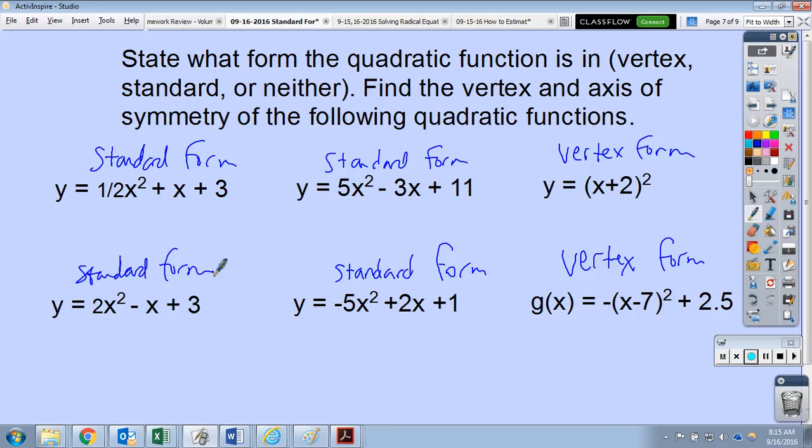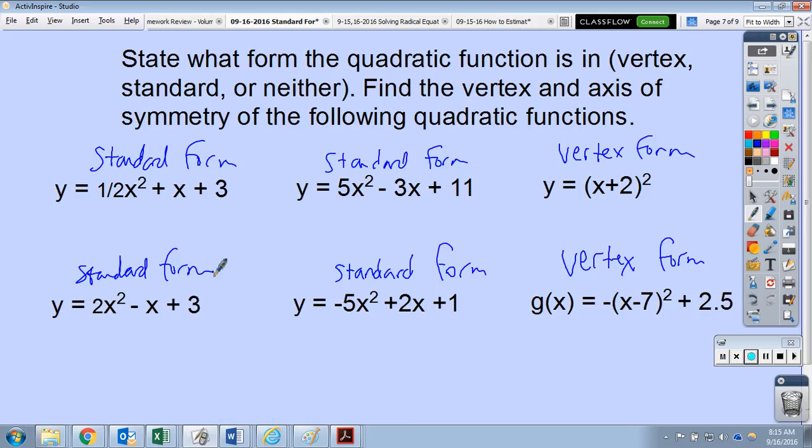Take good notes, guys. Okay, so does anyone remember the formula to find the axis of symmetry, which is also the x-coordinate for these? Yes. Would c be y?